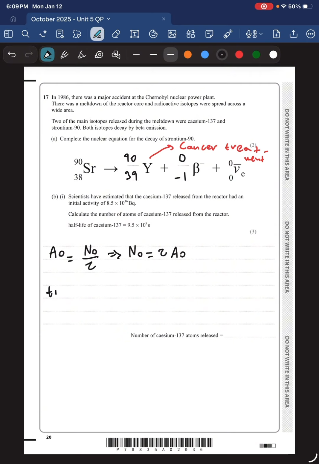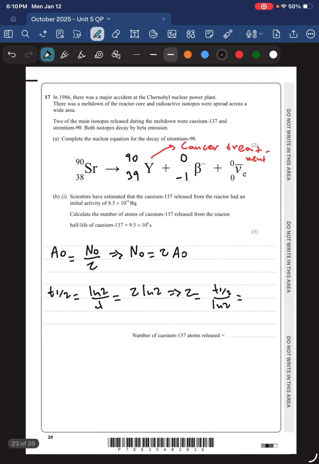So T half is ln of 2 over lambda, which is also equal to the time constant times ln of 2. So the time constant is equal to the half-life, which we are given, over ln of 2.